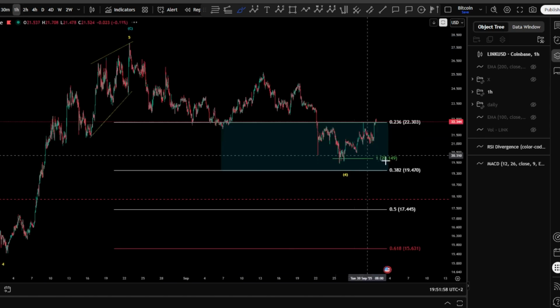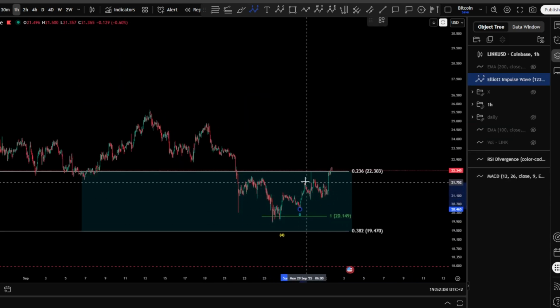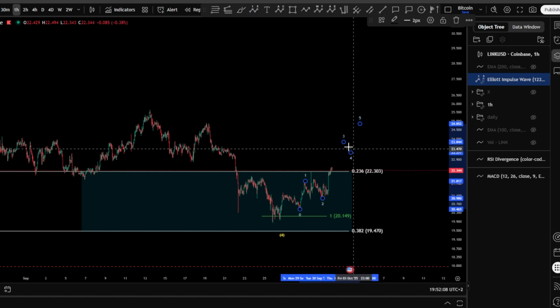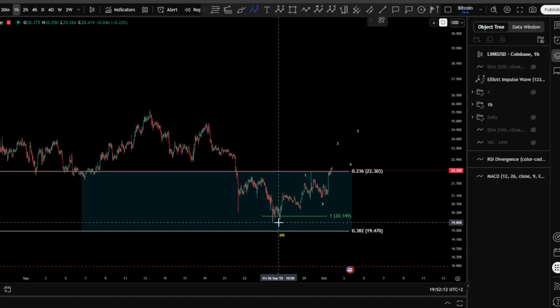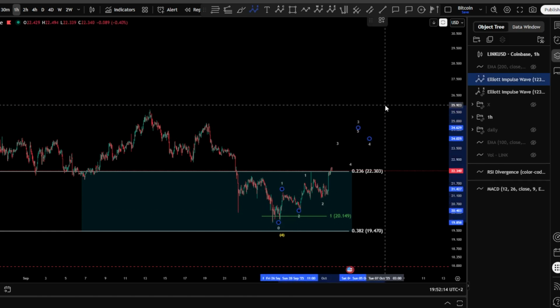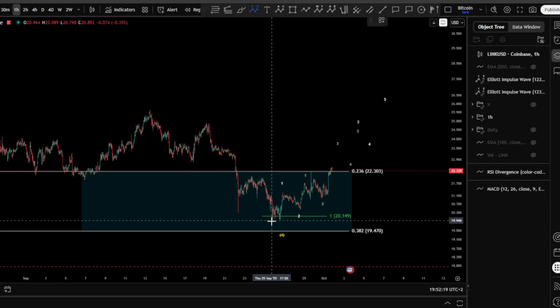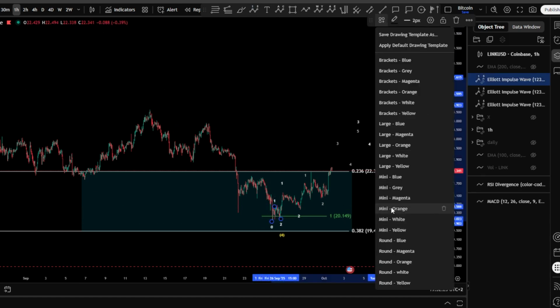So by all means, right now on the lower time frame, I would say we can call this a potential start of a bull run here for Link, and that's because on the daily we have a wave 5 to unfold, which can be your triple 1-2 here in this scenario.